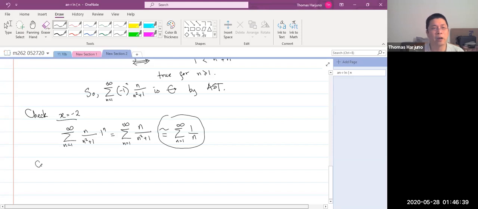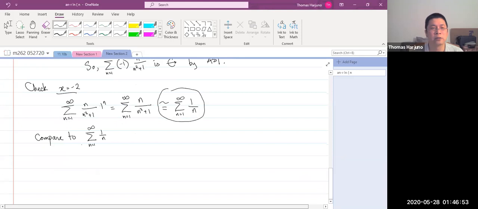So compare to this series, 1 over n. Now notice that that harmonic series is divergent. Okay, so we get 1 over n over n squared plus 1.